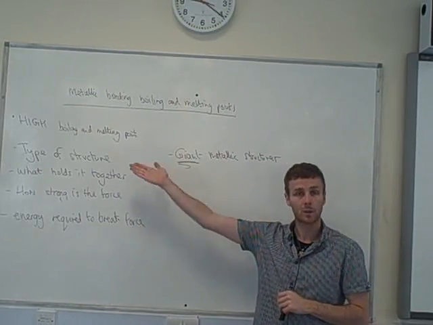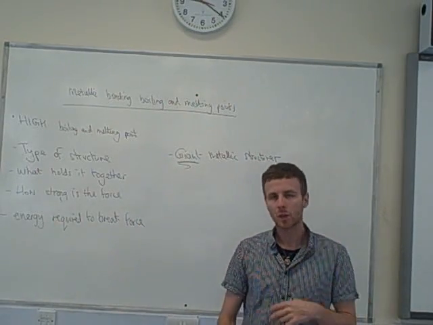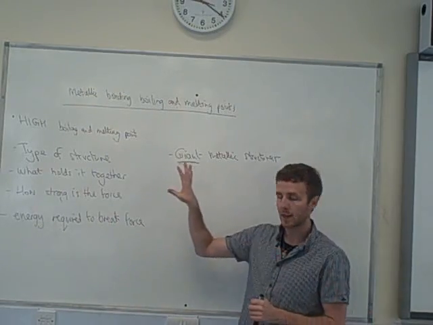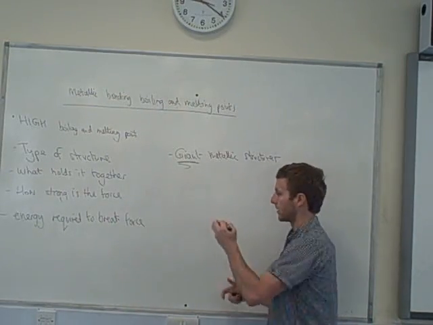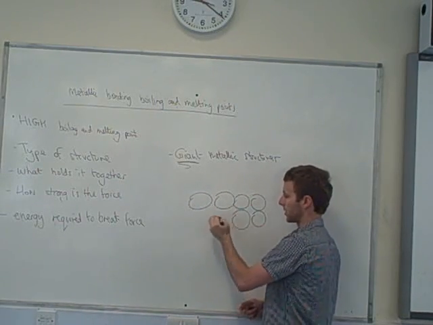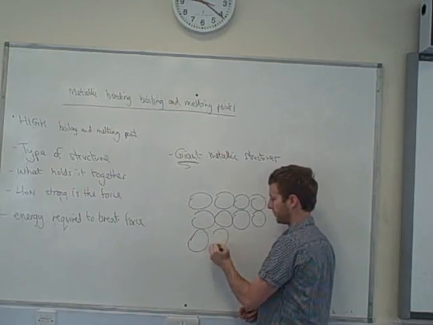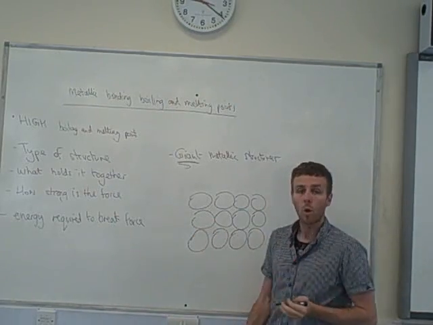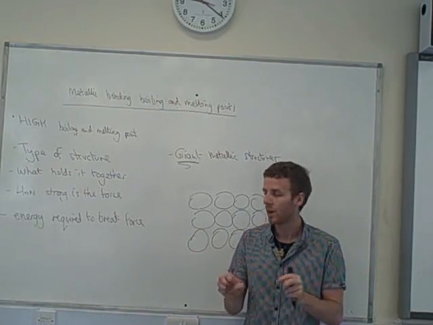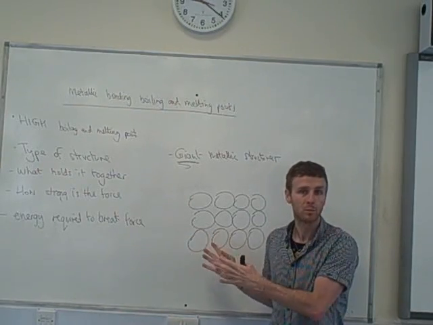So, what type of structures make giant metallic structures? Just to go into a little bit of detail about what a giant metallic structure is, although you wouldn't necessarily need to write this down in your answer, let's say I have some metal atoms.